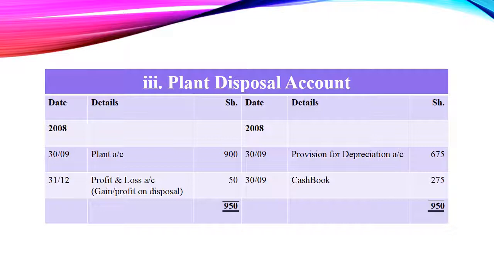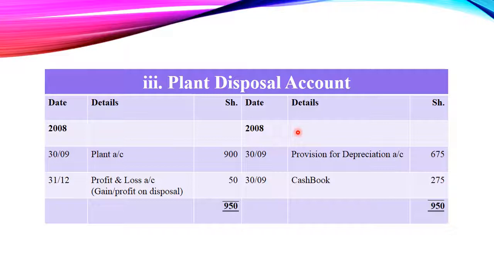So here in 2008, we disposed of an asset that cost 900 shillings, and when we disposed of this asset, the company acquired some money. It sold it at 275 shillings, and this asset was sold on 30th of September. So that is the transaction that we are going to represent in this account.